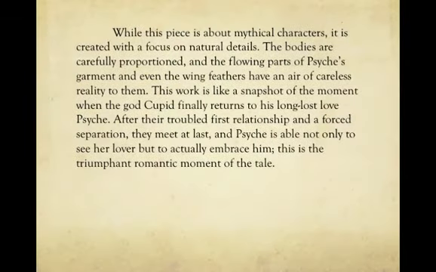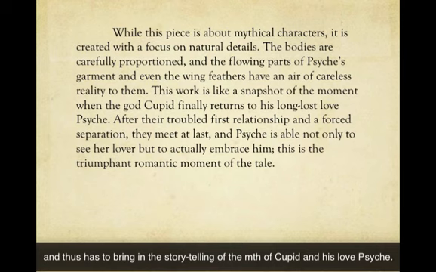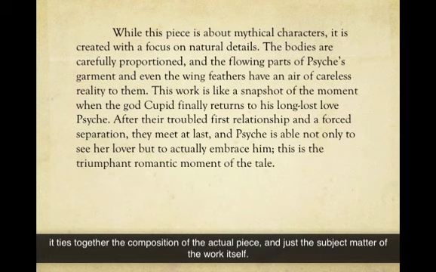The reflection paper goes on to discuss the subject matter of the sculpture itself, and thus has to bring in the storytelling of the myth of Cupid and his love Psyche. So it actually ties together the original historical or mythological context. It ties together the composition of the actual piece and just the subject matter of the work itself.